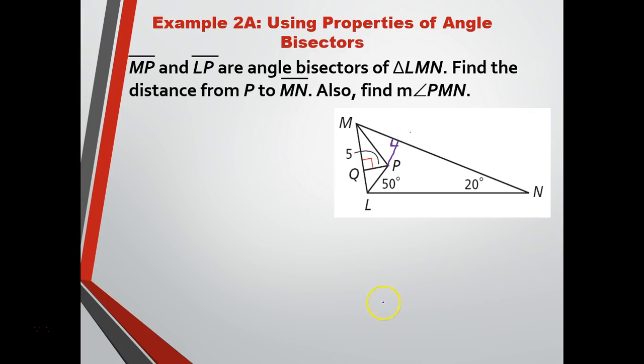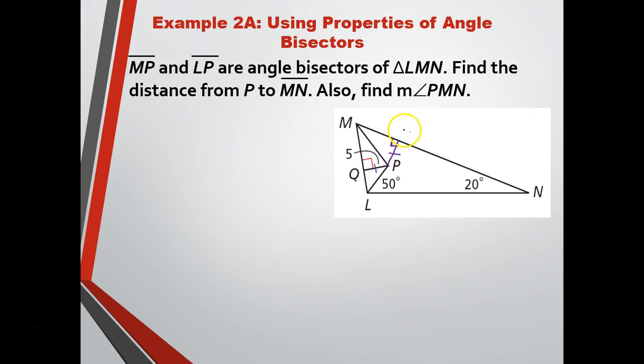Just like the incenter theorem stated, all of the distances from the incenter to the segments of each side of the triangle are going to be equidistant. So this segment right here is congruent to that segment there.